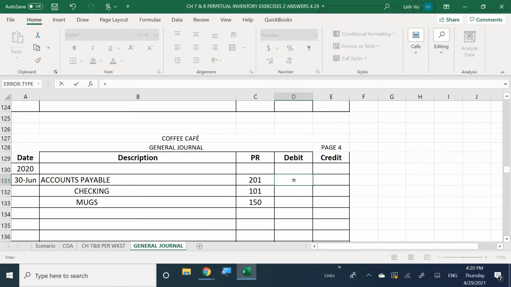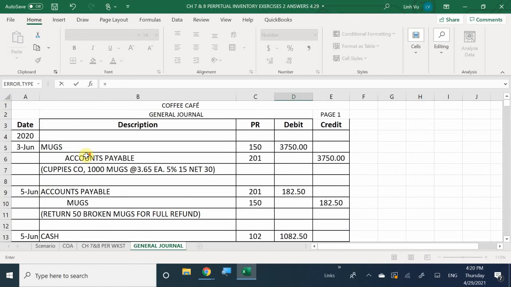Okay? So once again, let's take a look up at top, right? At the very, very beginning, we made a purchase, right? So here we should have a grand total of $3,750. However, we ended up returning $182.50.